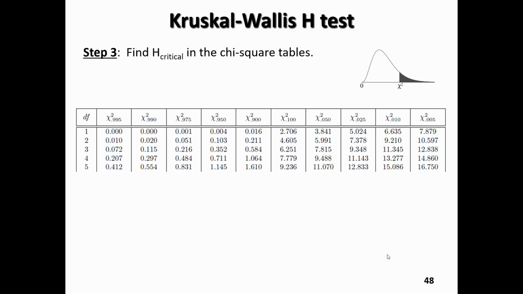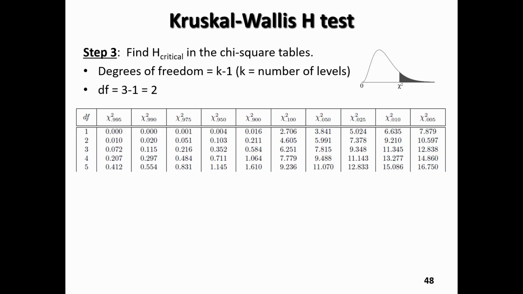The next step is to find the critical H value, and in this case we use the chi-square tables. And to do this, we need to know what our degrees of freedom is, and so this is the value that is dependent upon the study design. So we had 3 groups, or 3 different levels of this study, and so the degrees of freedom is just simply the k minus 1.